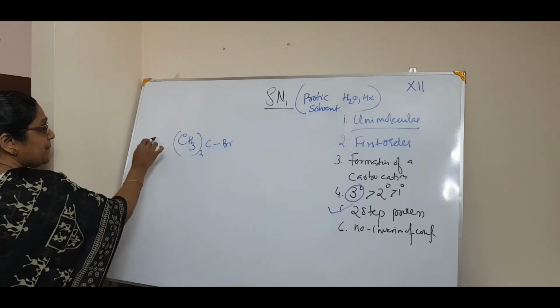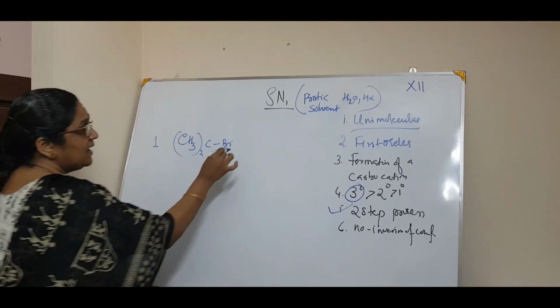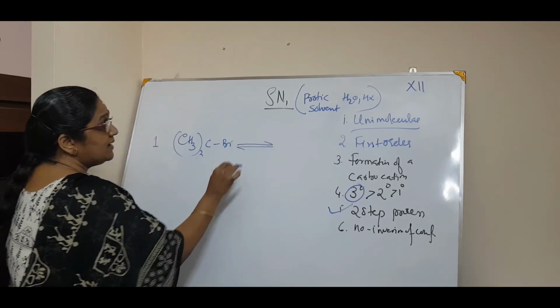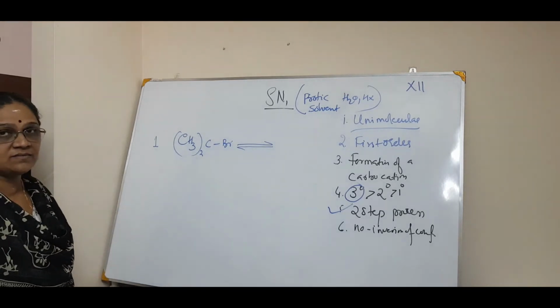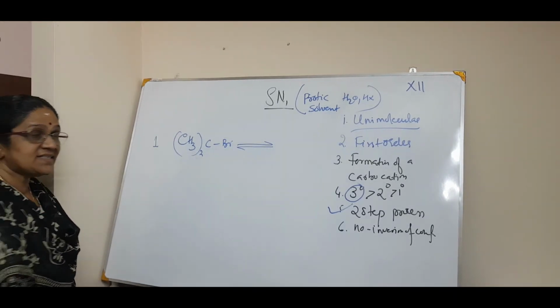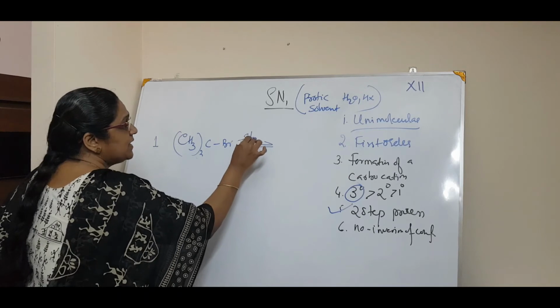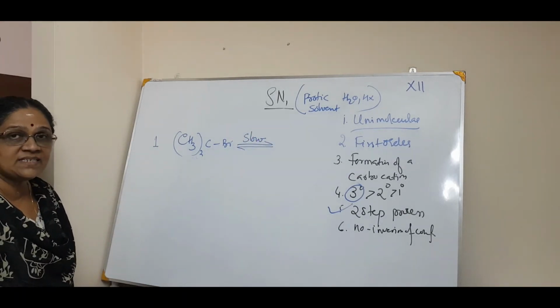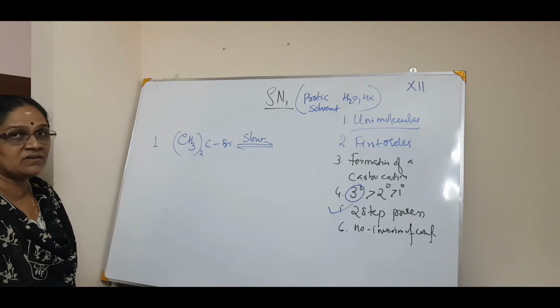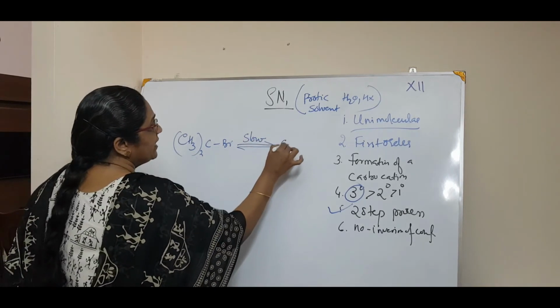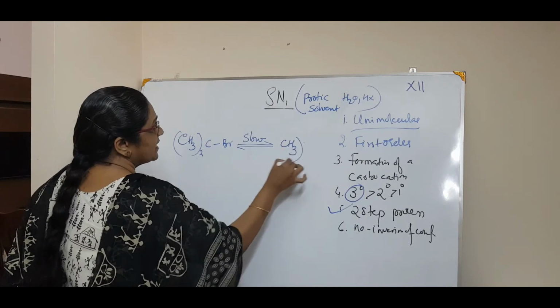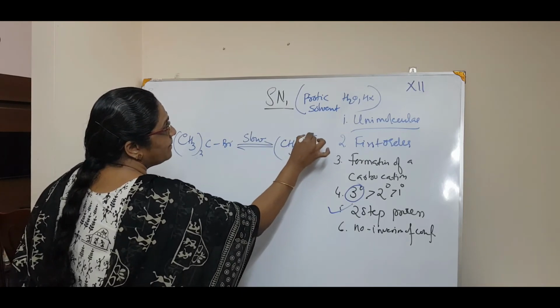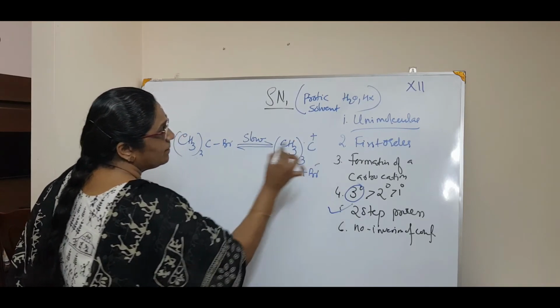So the first step is, see how I am writing it. It is a reversible process, and you know kinetics, reversible, it must be a slow step reaction, isn't it? Reversible means it is a slow step reaction. Okay, so here I will get CH3 thrice C plus Br minus.